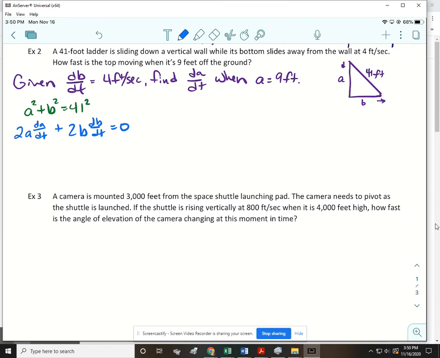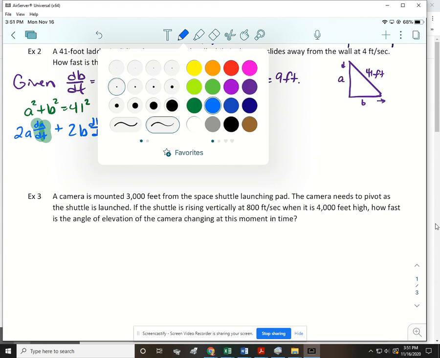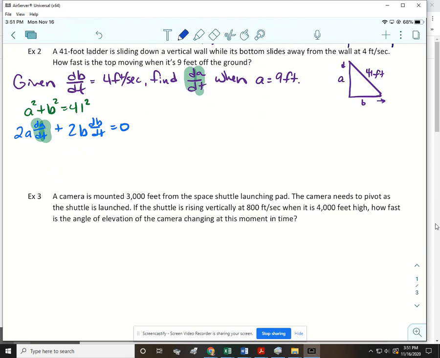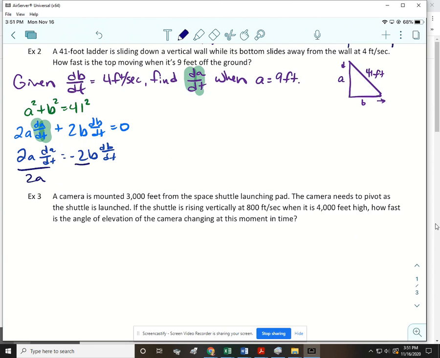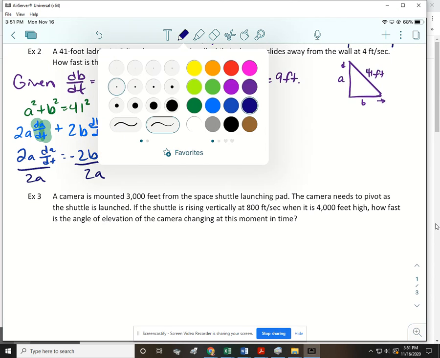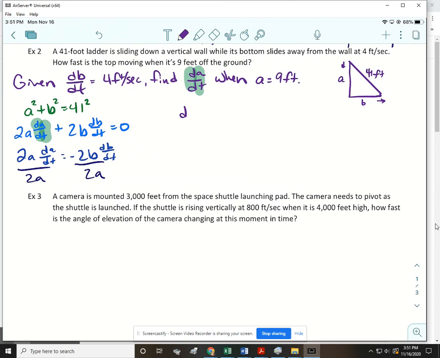What I want to find is dA/dt, so I'm going to solve for dA/dt by subtracting 2b dB/dt and dividing by 2a. So dA/dt is negative b dB/dt over a.